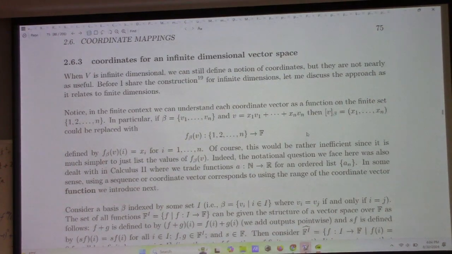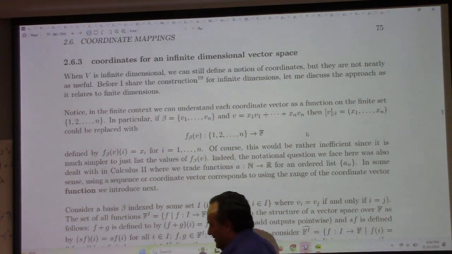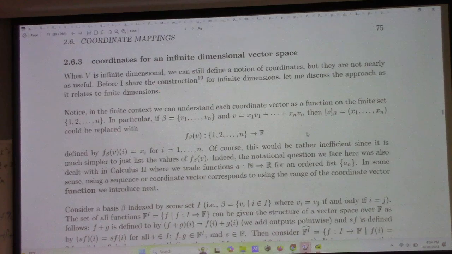And I prove here that they have the properties that you'd like. But like I said, I haven't been able to come up with much more. All I'm telling you is that there is a notion of coordinate vector for infinite dimensional space, but on the one hand it's so simple it's stupid, and on the other hand so simple it's useless.